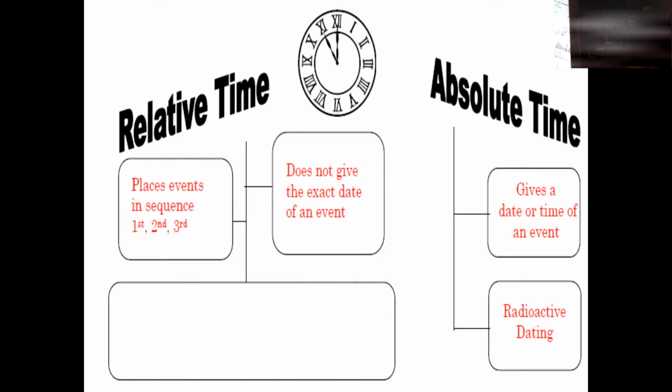What about me saying I was born in April 1983? Is that an absolute time or a relative time? Think about it. Look at the definitions. It's still an absolute. It still gives you a time frame of when I was born.